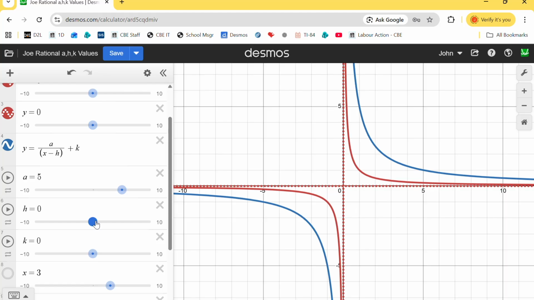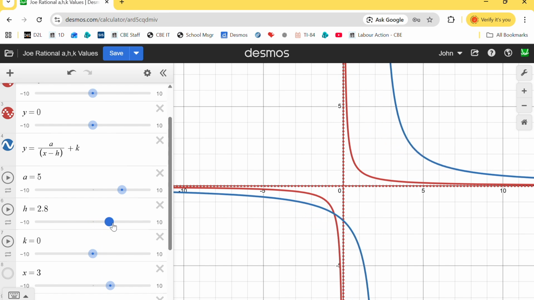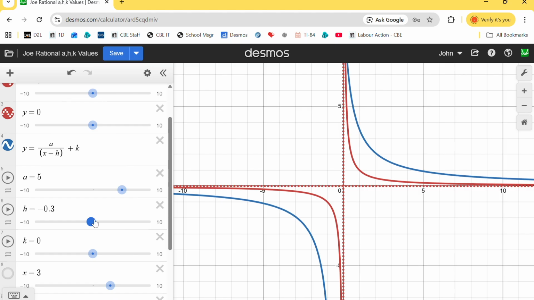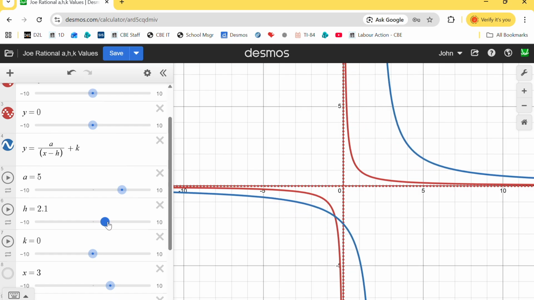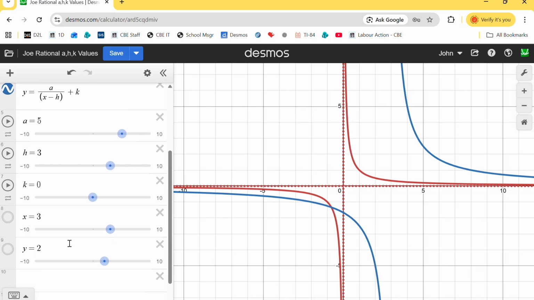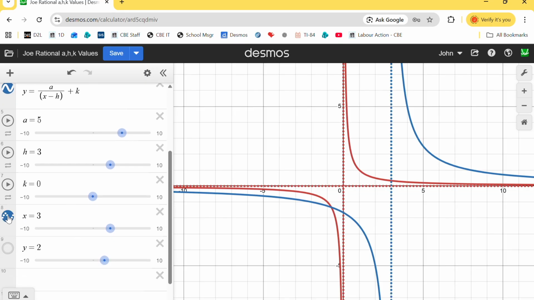But think of it this way, vertical asymptotes are written in terms of x, and we know h values affect the placement of the x value on our function. So if I go to the right, it's going to shift to the right. If I go to the left, it's going to shift to the left. So when I go to the right, h equals 3, I'm going to set a vertical asymptote at x equals 3, and that should make sense.